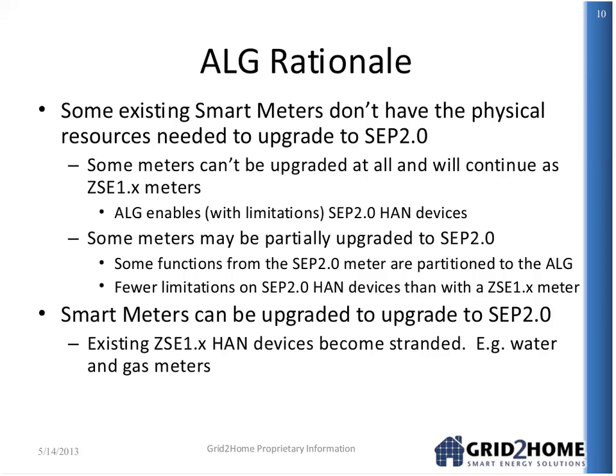Some meters may be partially upgradable to SEP2, because if you put less of the functionality of SEP2 into a meter, you can support some functionality, but you may not be able to support all of it. An example is you may be able to partially upgrade and just provide demand response signals. But then you might not be able to support the functionality for electric vehicles, which need to make reservations for power.